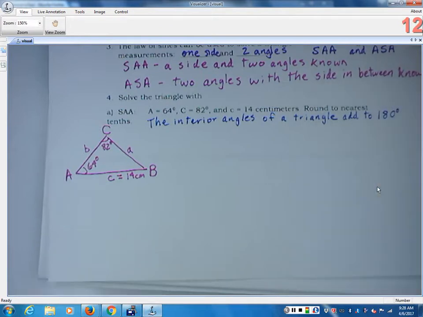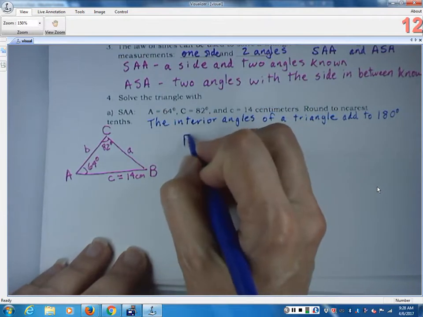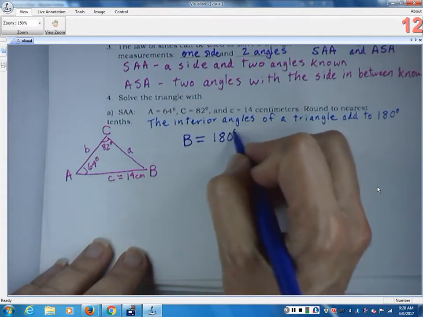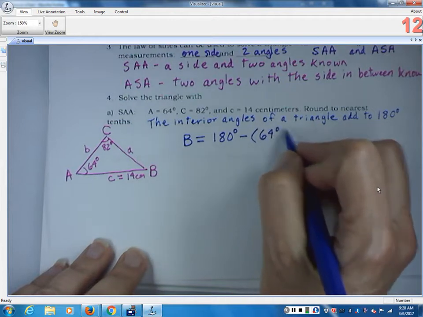Okay, so you're going to find angle B. Angle B is going to be 180 degrees minus the sum of the other two angles.